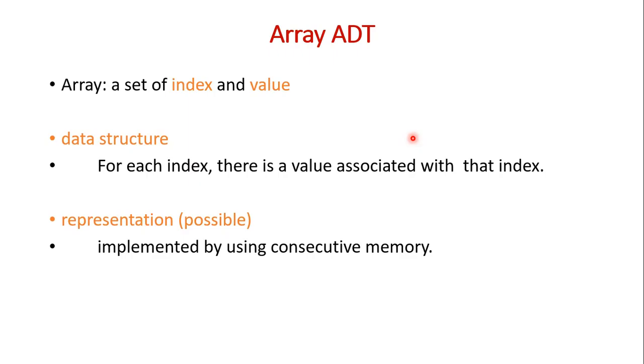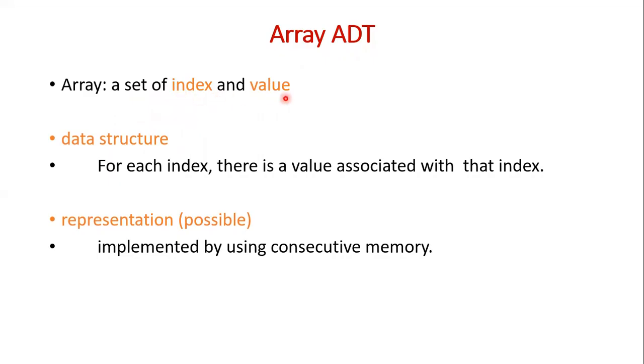So in that context we say that array is a collection of consecutive memory allocation. But from data structure perspective, when you define array as an abstract data type, an array consists of a set of index and the associated value.